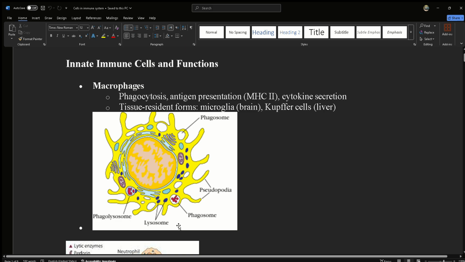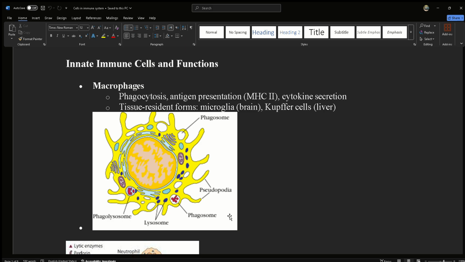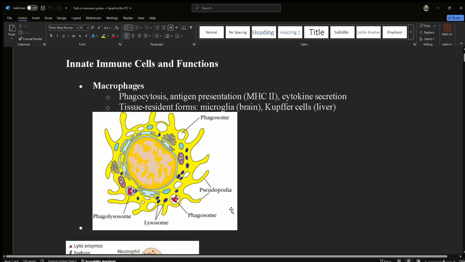Lysosomes will fuse with phagosomes and make phagolysosomes, so that whatever is phagocytosed in the form of a phagosome will be digested with the help of the hydrolytic enzymes of the lysosome, and then these processed proteins will be presented to the Th cells through the antigen presentation process.